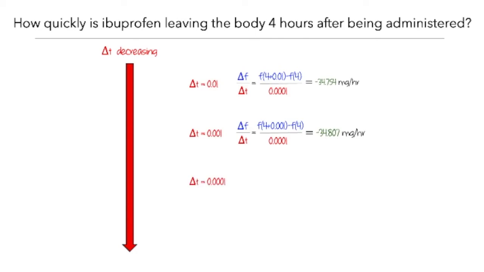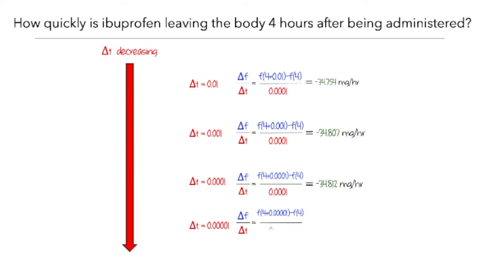When we use delta t of 1/10,000th of an hour, the average rate at which ibuprofen is leaving the body is negative 34.8128 milligrams per hour. When we use delta t of 1/100,000th of an hour, the average rate of change at which ibuprofen is leaving the body is negative 34.813 milligrams per hour.